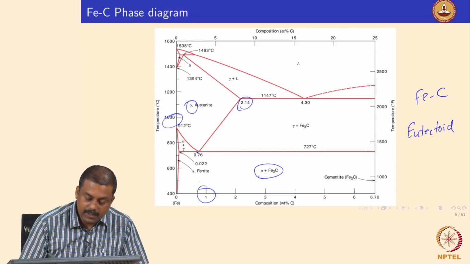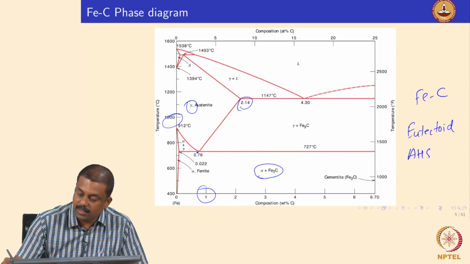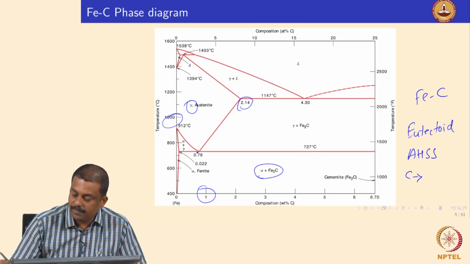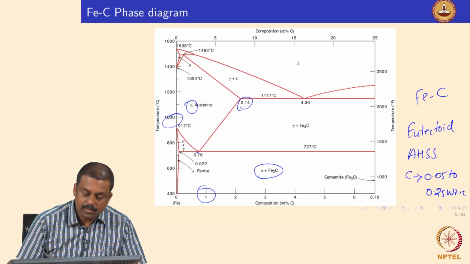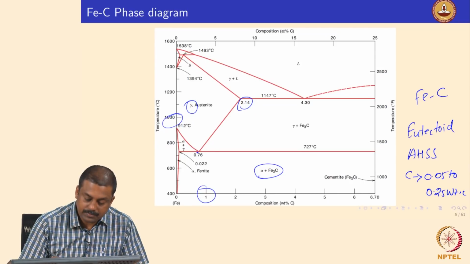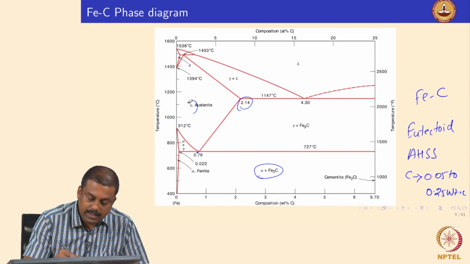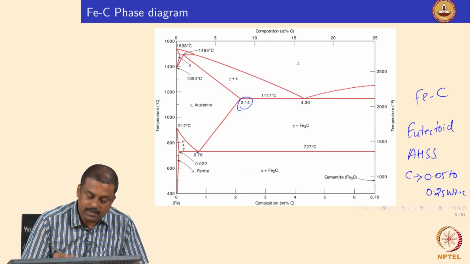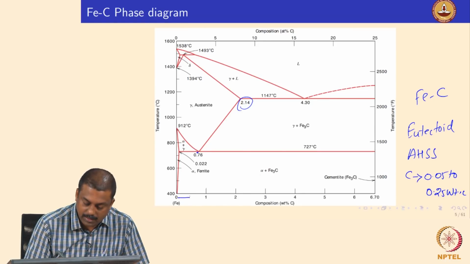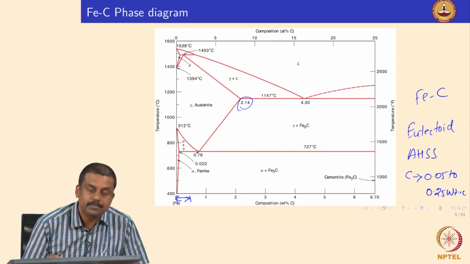It's very important. In this course, as I said, we will be looking at advanced high strength steels. Generally, in advanced high strength steels the carbon concentration varies from say 0.05 to not more than 0.25%. So our carbon concentration range lies somewhere over these regions.